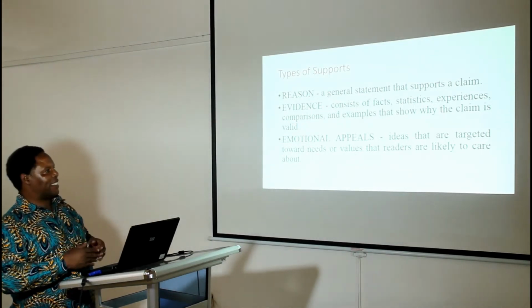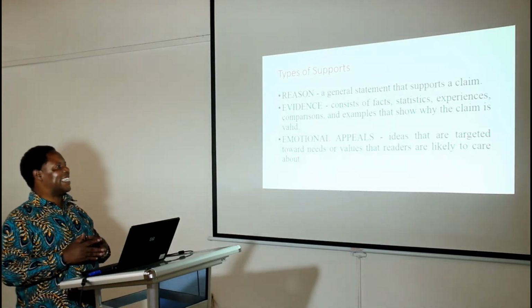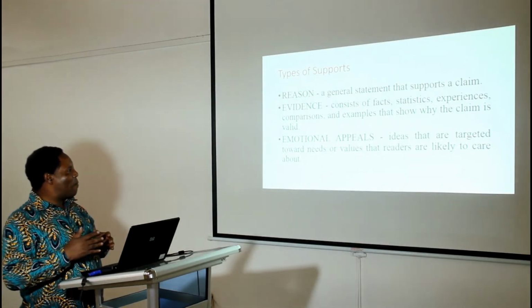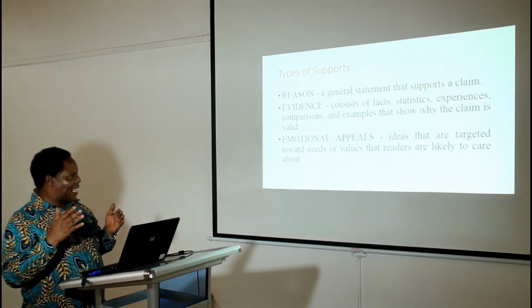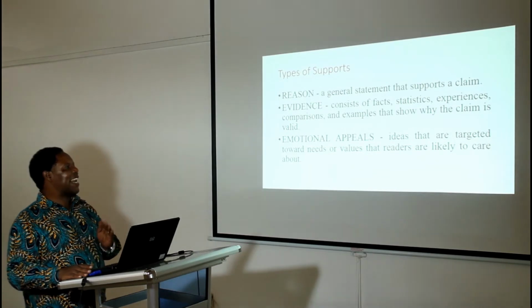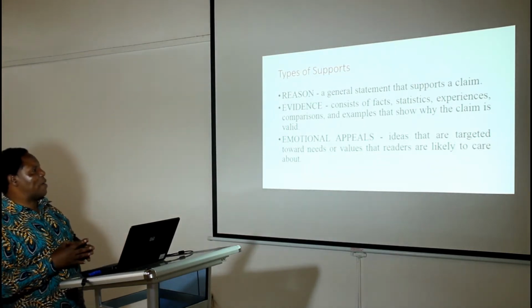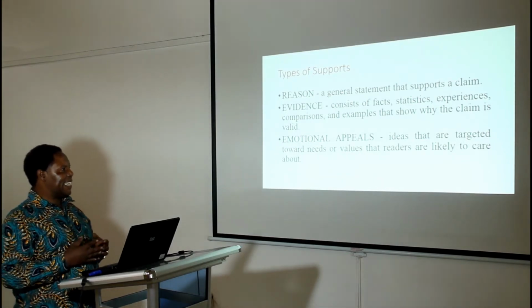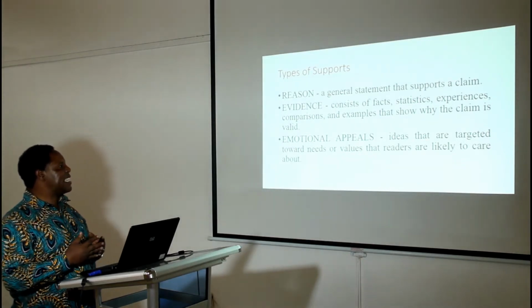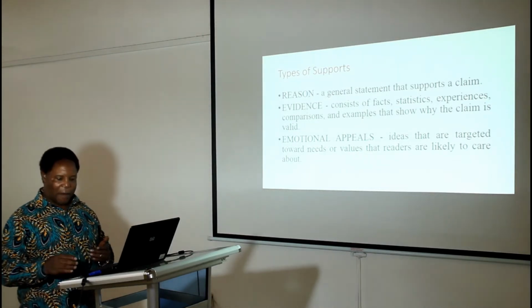Maybe 5 doors were destroyed, maybe 2 windows were destroyed, and then you provide comparisons, provide experiences, and show examples, and therefore your claim will be valid. Then we have emotional appeals. These are ideas that are targeted towards needs or values that readers are likely to care about.